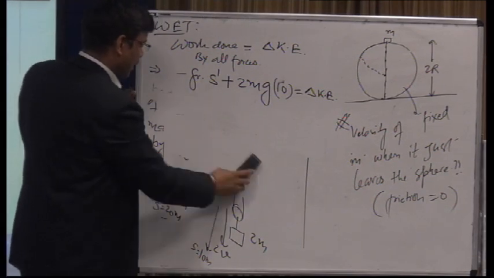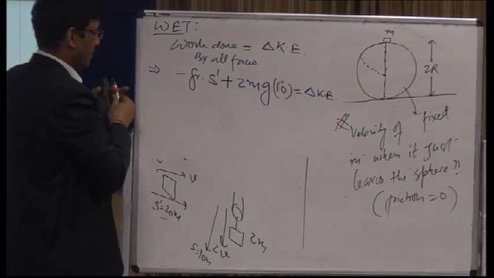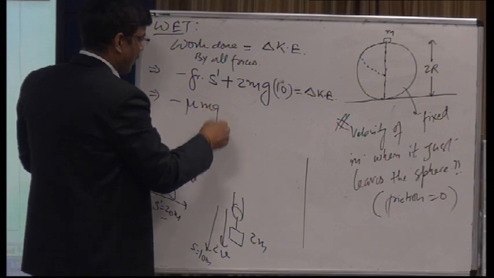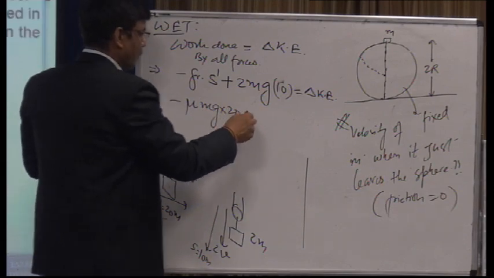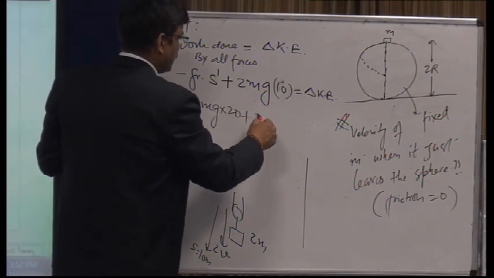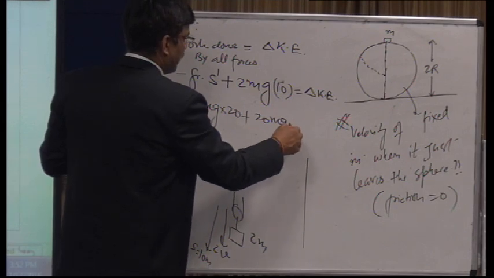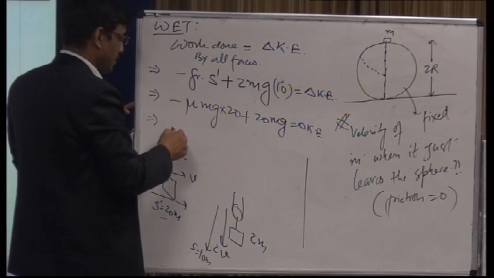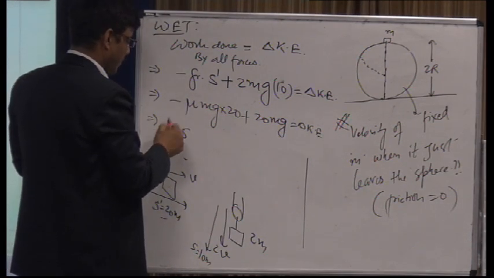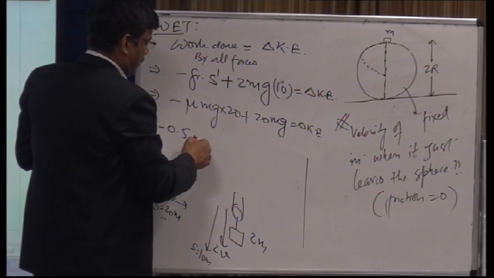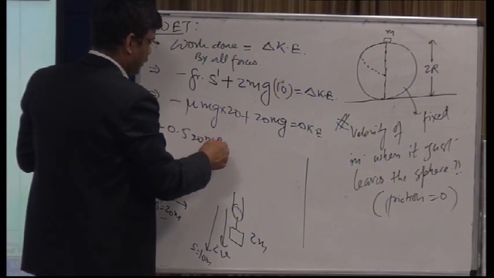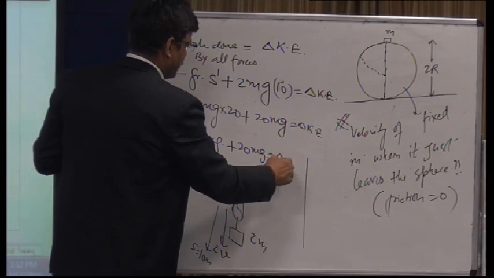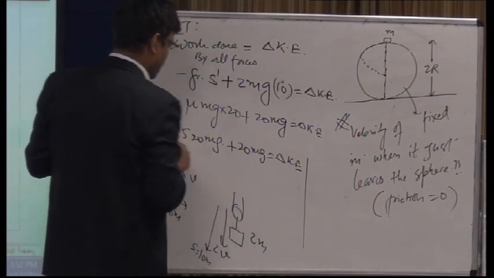Consequently we can write this as minus mu times mg into 20 plus 20 mg is equal to delta KE, that means 0.5 into 20 mg plus 20 mg is equal to delta KE.